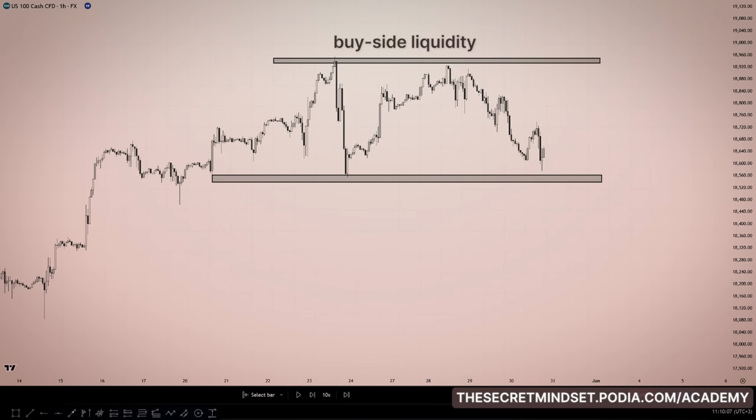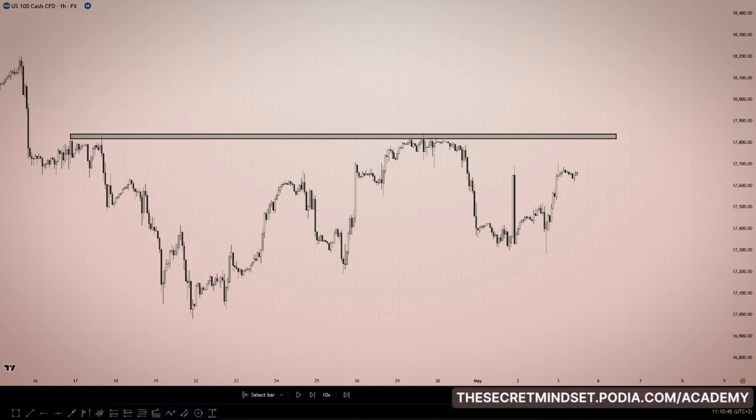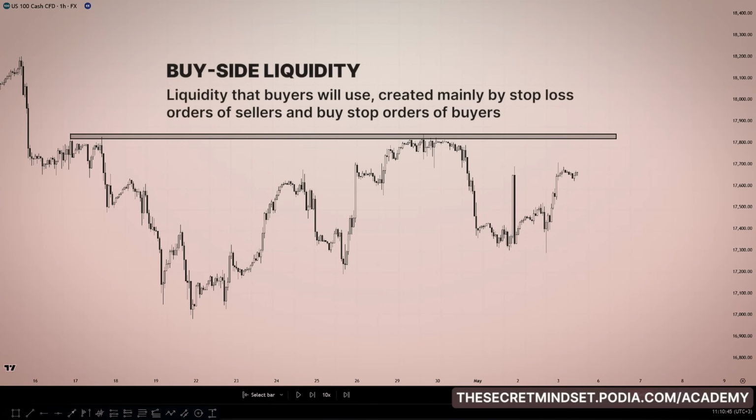Above these highs, we assume there's buy-side liquidity, and below the lows, we assume there's sell-side liquidity. Buy-side liquidity is all the liquidity that buyers will use, created mainly by stop-loss orders of sellers and buy-stop orders of buyers. In a bullish market, price often uses buy-side liquidity to fuel the next upward move.